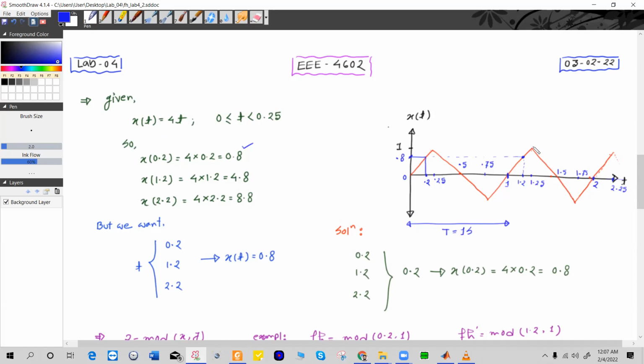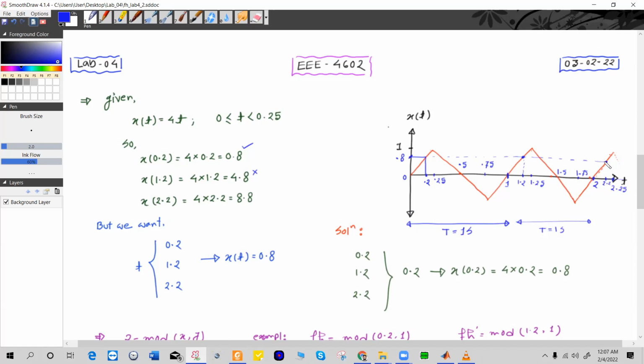For a periodic signal, it should be 0.8. So there is an issue. Similarly, after 2 cycles, at 2.2, if you use this equation, it would be 4 into 2.2, which is 8.8, but for the periodic signal it should again be 0.8.